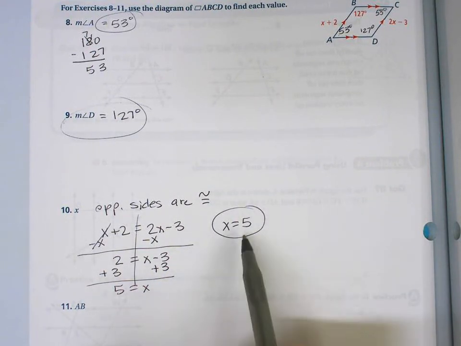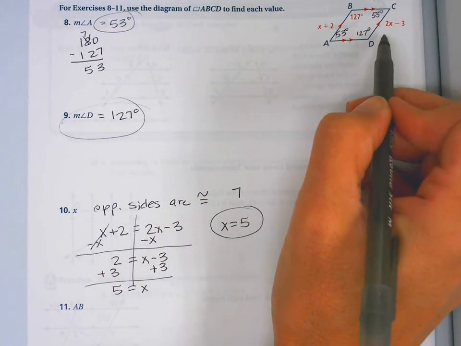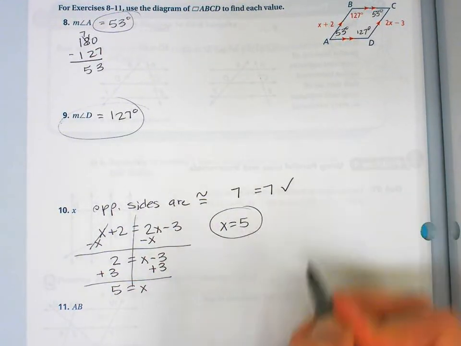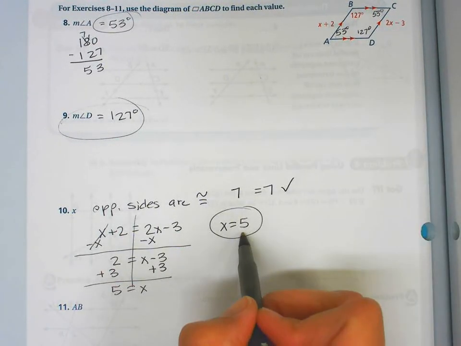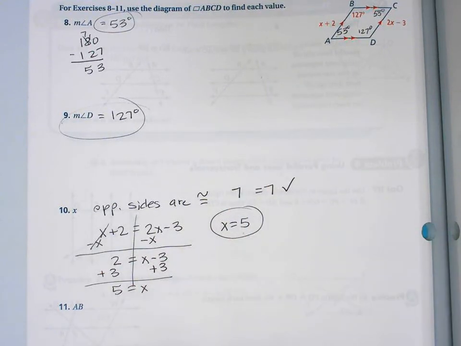You can check by substituting that in to see if the sides are actually equal. So 5 plus 2 is 7, and then 5 times 2 is 10. 10 minus 3 is 7. So I just kind of checked it. I didn't write it out because those are easy. I just did it in my head. So if you substitute in the 5 for x, work it out, each side does equal 7. Okay?